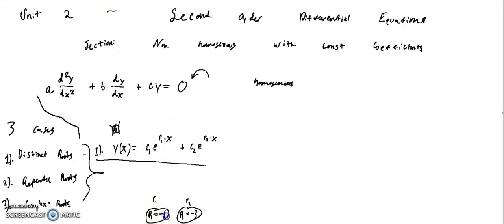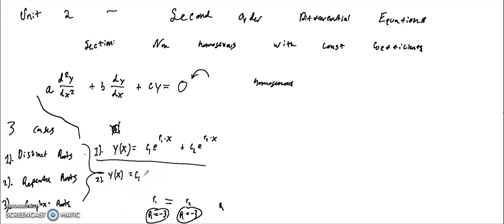But let's say they both equal negative 3. Well, in that case, r1 equals r2. So we can just say it's r. And for this case, the equation's almost the same, but a tiny bit different.